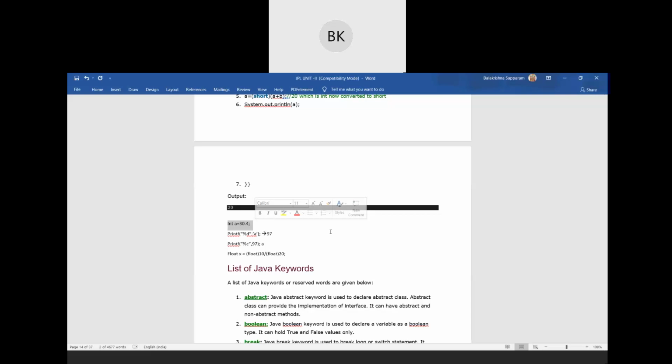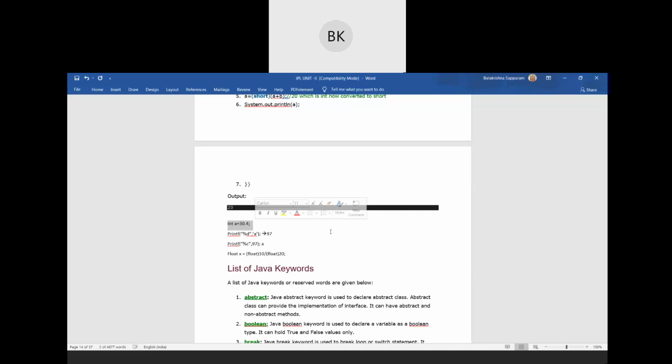Narrowing is accepted in C, but not in Java. Only widening is accepted in Java: the left hand side data type is always greater than the right hand side data type. If the left hand side data type is less than the right hand side, that is called narrowing, and it is not accepted.